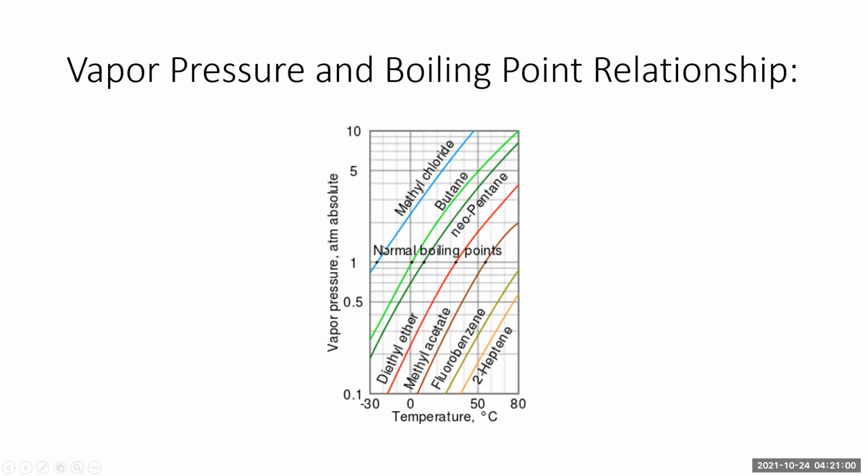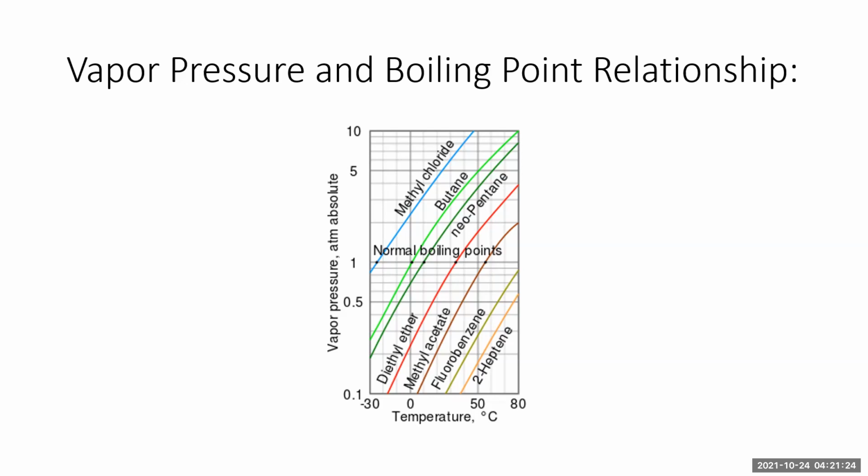And you can see that methyl chloride has the lowest boiling point, the lowest temperature associated with its boiling point, and it also has the highest vapor pressure. What that shows us is that there's an inverse relationship between vapor pressure and boiling point. And in general, as vapor pressure of a compound goes up, its boiling point goes down. And that makes sense.